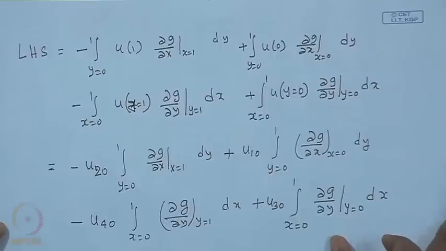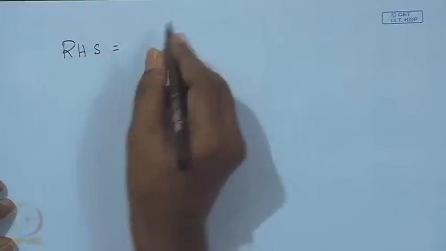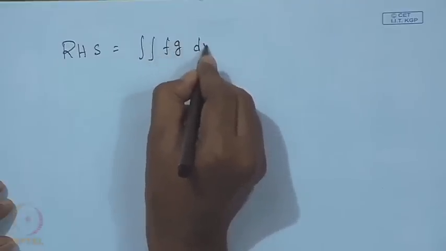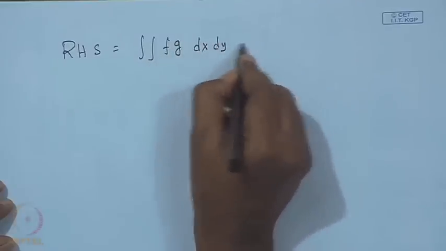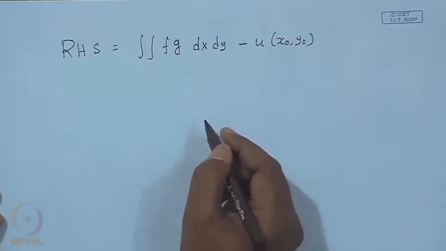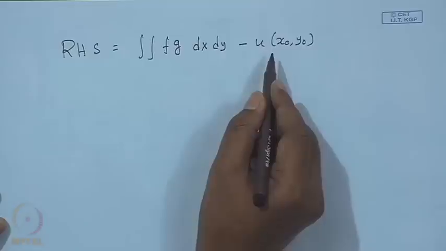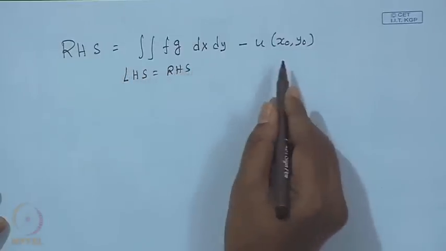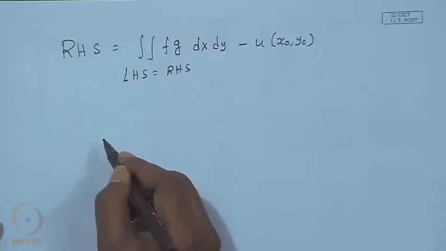The right hand side is nothing but the double integral of f times g dx dy minus u at x0 y0. So, we use left hand side equal to right hand side, and take u at x0 y0 to the other side.